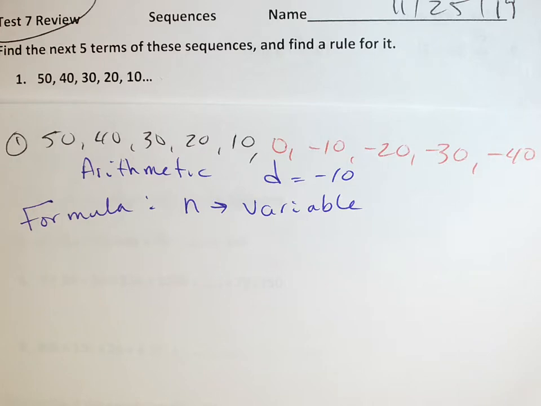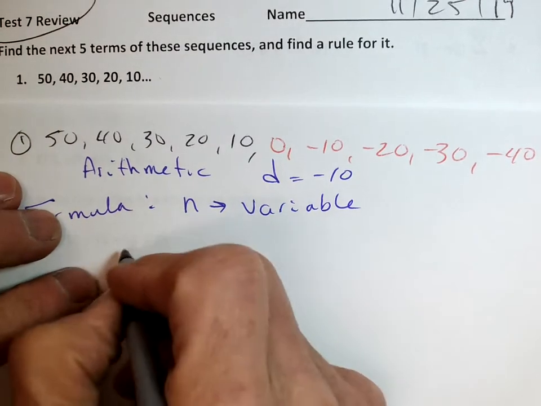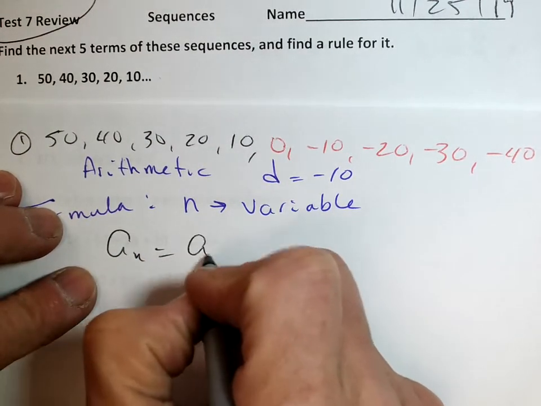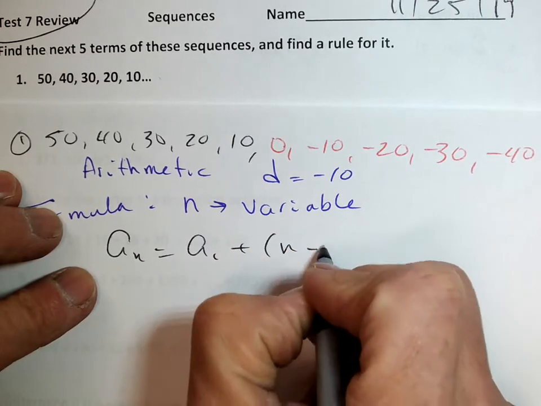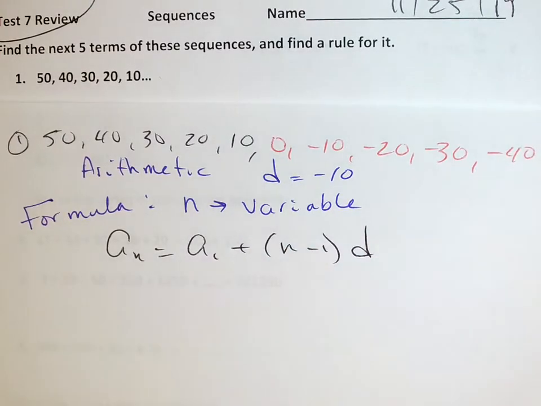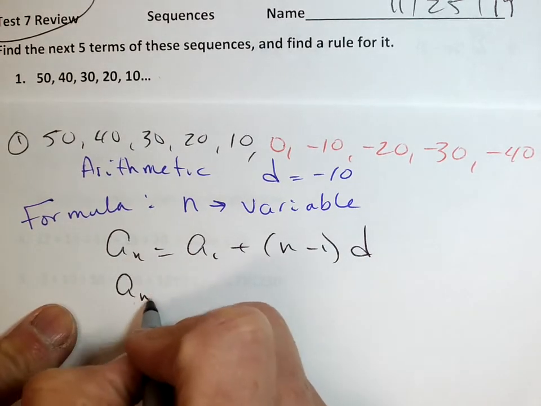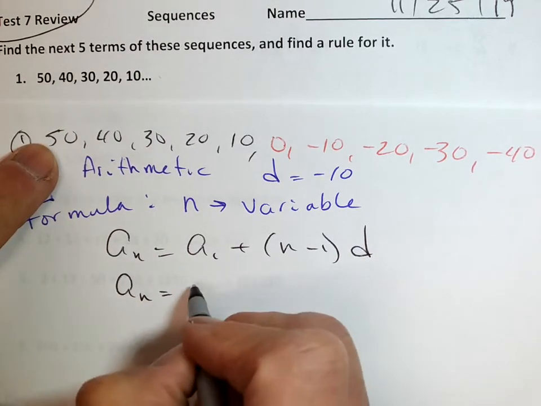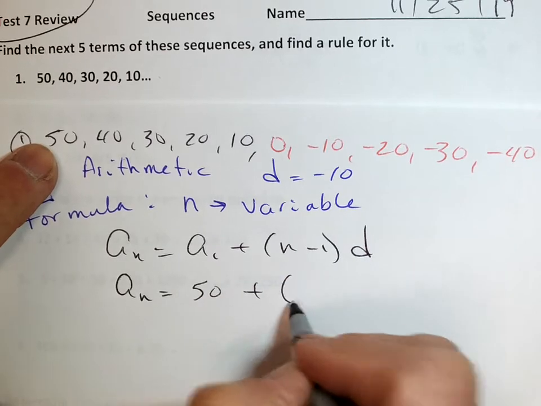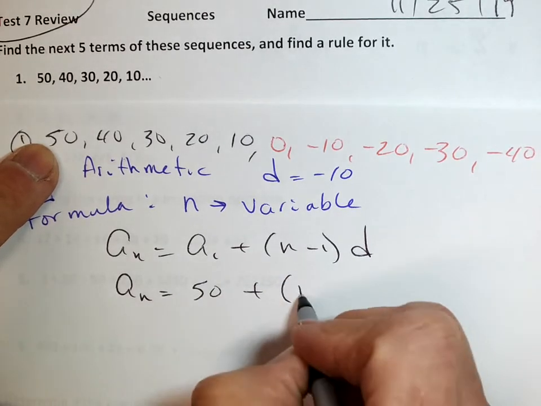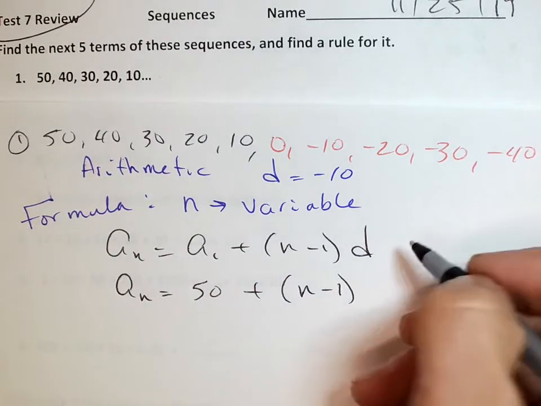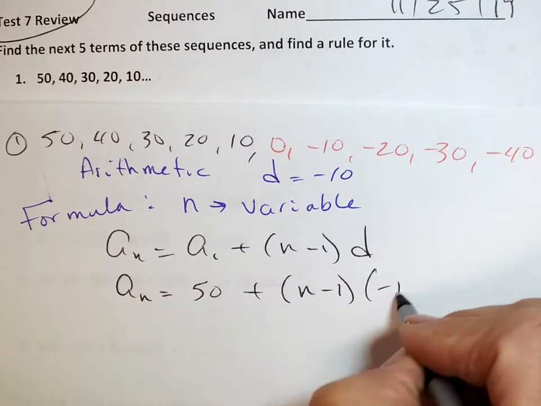I'm going to put that on my paper. a of n is equal to a1 plus n minus 1 times d. So a rule would be a of n equals a1, which is 50, plus n minus 1, where n is the variable, and d is the difference, which is negative 10. Okay, this is the answer.